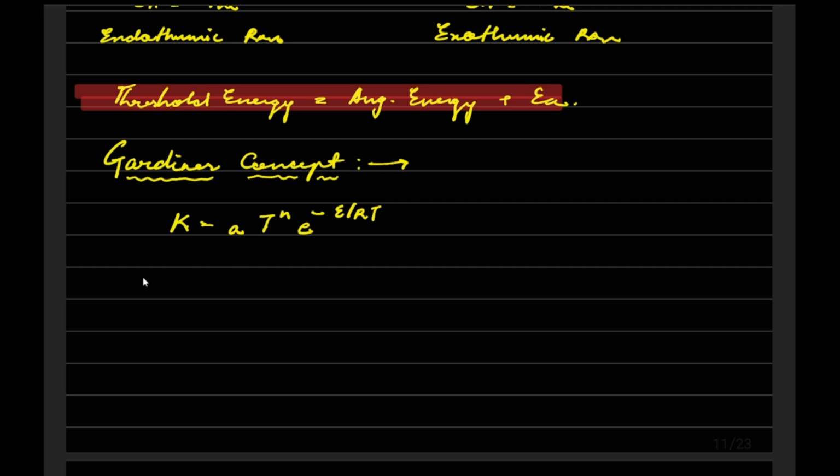So this is a formula where activation energy EA is equal to nRT plus E, where n is a factor, R is gas constant, T is temperature, and E is the energy. This actually has a derivation, but we will not be discussing the derivation because this is just a revision video.